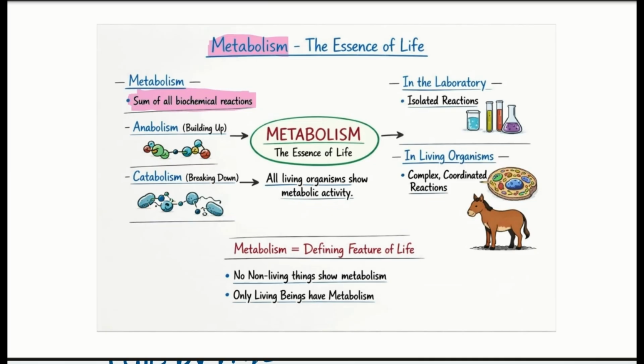Metabolism has two main parts, anabolism and catabolism. Anabolism means building up, simple substances combined to form complex substances. And catabolism means breaking down. Complex substances break into simpler ones.